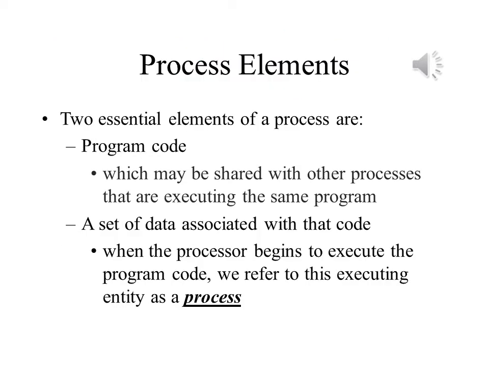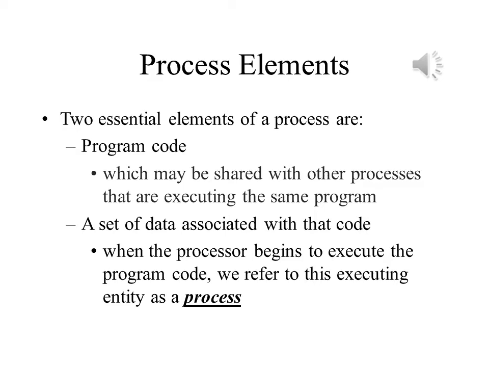You may recall from Lecture 1 that we had several definitions of the term process, including a program in execution, an instance of a program running on a computer, the entity that can be assigned to and executed on a processor, and a unit of activity characterized by the execution of a sequence of instructions, a current state, and an associated set of system resources.